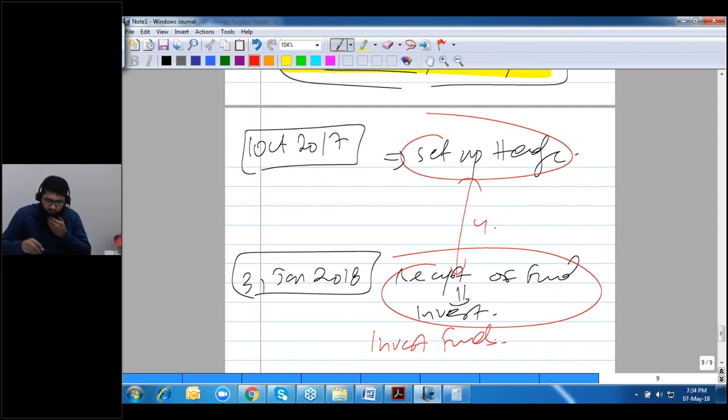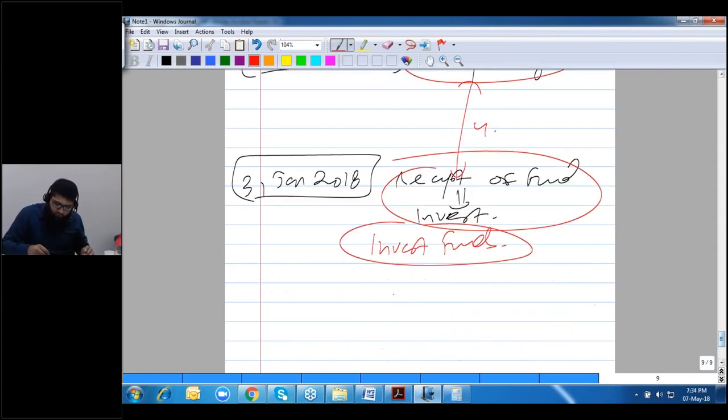When we invest the funds, we are not facing the risk anymore. The risk is going to end. We are only facing a risk in this time period.